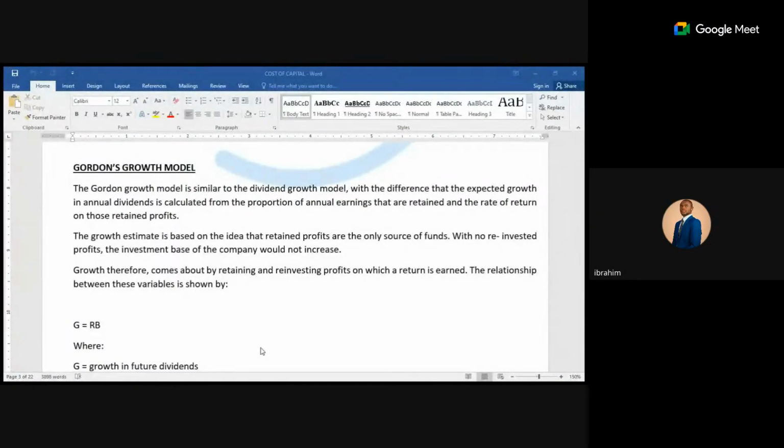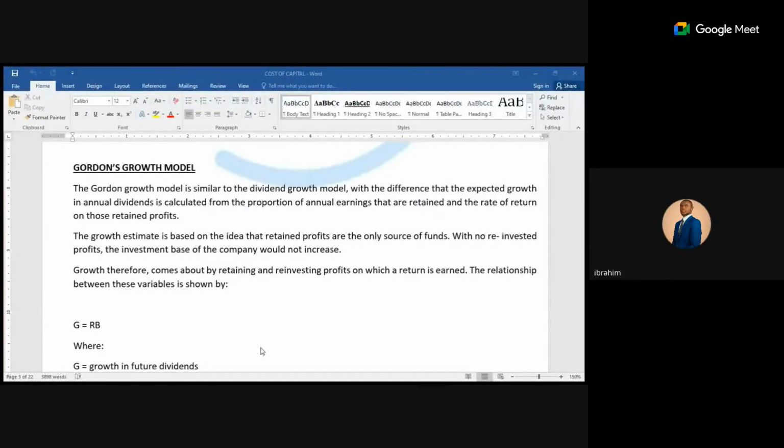Now, the Gordon's growth model. What is the Gordon's growth model? Gordon's growth model is similar to the dividend growth model, with the difference that the expected growth in annual dividend is calculated from the earnings.